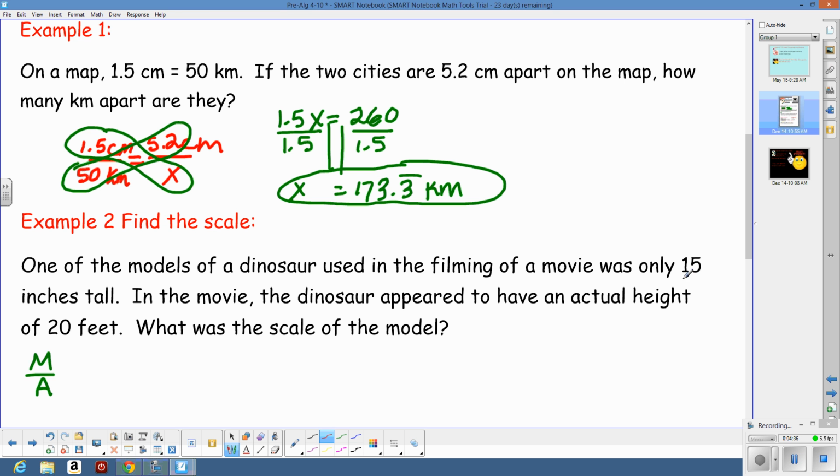So the model was 15 inches tall. And it appeared to actually be 20 feet in the movie. So the actual is going to be 20 feet.